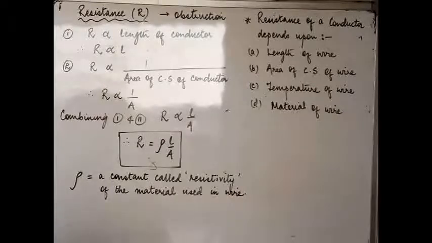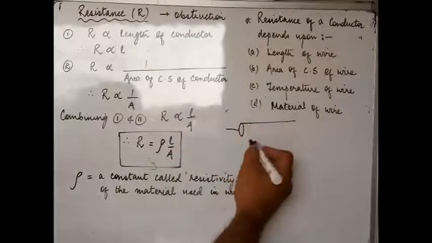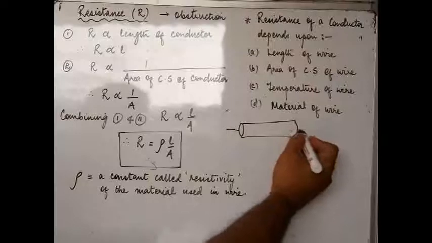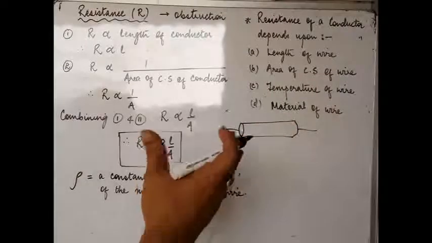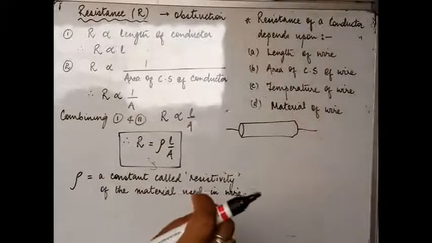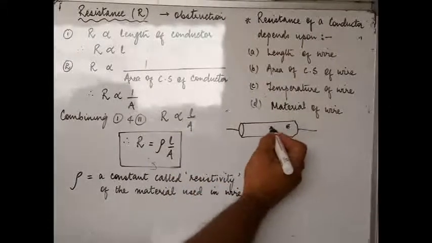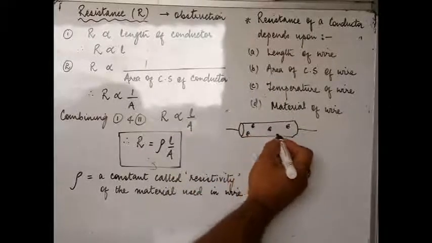If you logically think about a wire, now let me once again draw a magnified view of a part of a wire. Okay, this is a magnified, enlarged view of a wire through which the current is flowing. So current is flowing means what? Free electrons are moving. Suppose there are a lot of electrons all around.